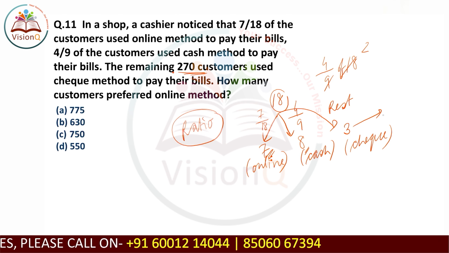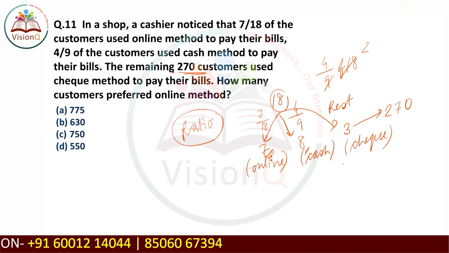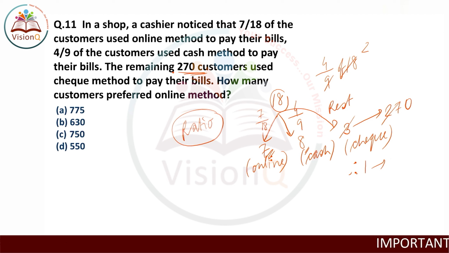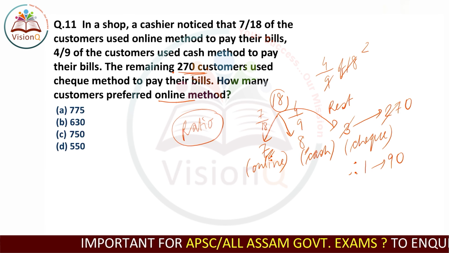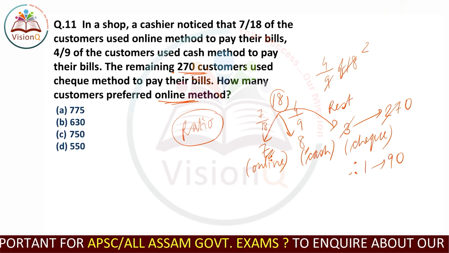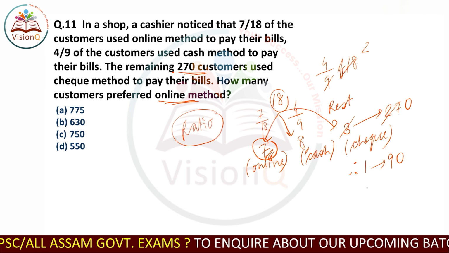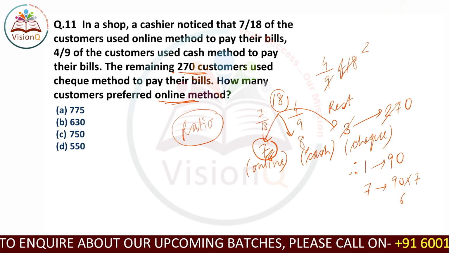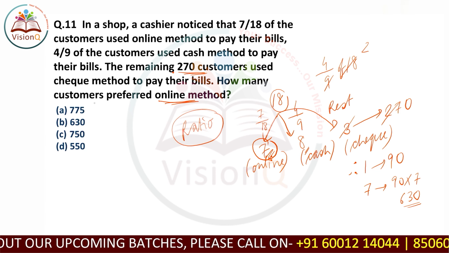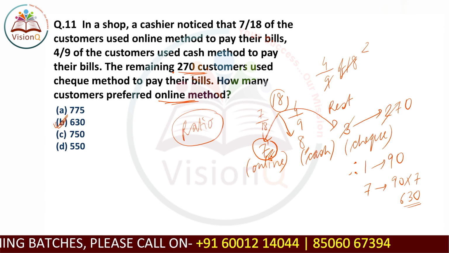This 3 will represent 270 customers. If 3 represents 270, 1 represents 90, since 270 by 3 is 90. It is asked to find customers who preferred the online method, which was 7, so 7 will represent 90 into 7, which is 630. The right answer is option number B, 630.